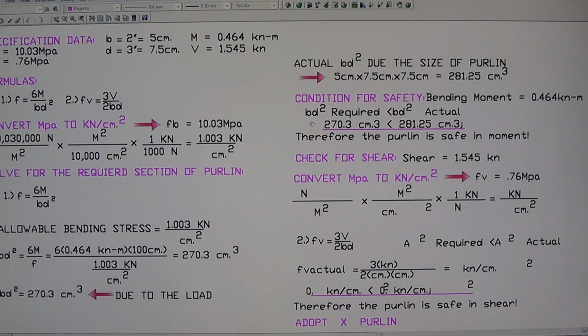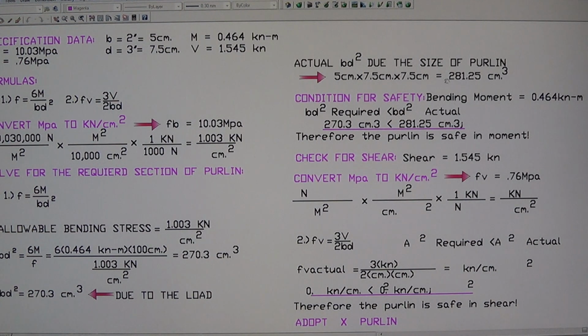So therefore, since the required moment here, the load only requires 270.3 centimeter cube, but the actual capacity of the section here, the 2 by 3, 5 by 7.5, has a load capacity of 281.25 centimeter cube, so it's bigger.